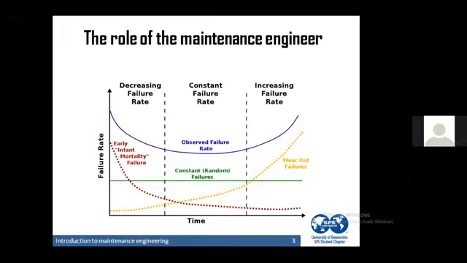All your job is summarized here in this curve. We call this curve the bathtub curve, or the equipment life curve. All your mission can be understood when we understand this curve.